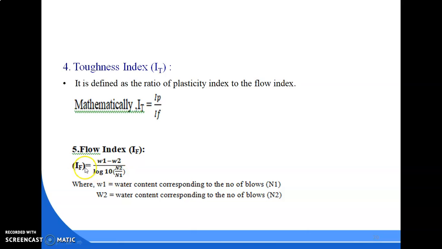Again IF equal to, this is the formula, W1 minus W2 whole divided by log base 10 N2 by N1, where W1 equal to water content corresponding to the number of blows N1. Then similarly W2 equal to water content corresponding to the number of blows N2. And the values of N2 and N1 correspond to the number of blows.